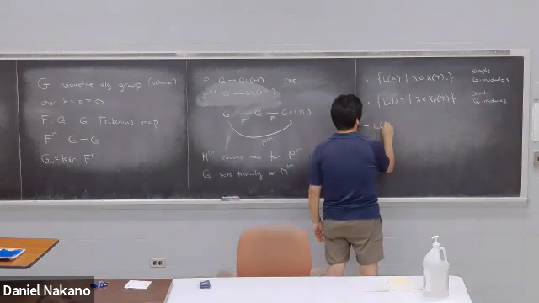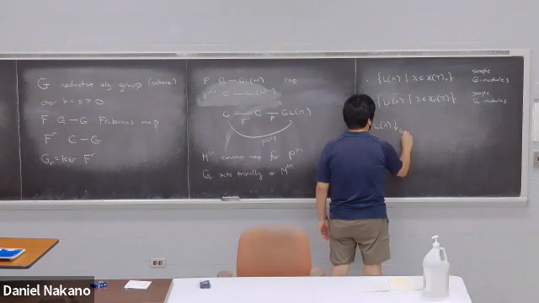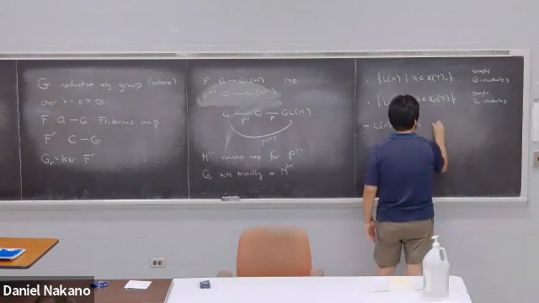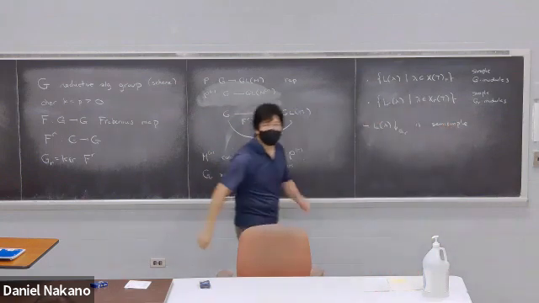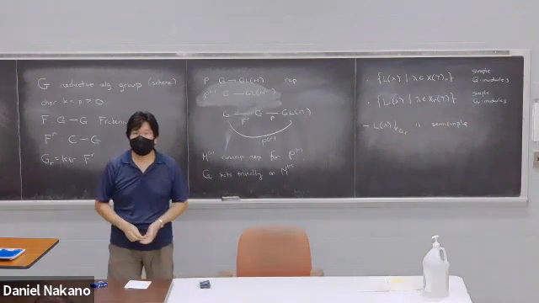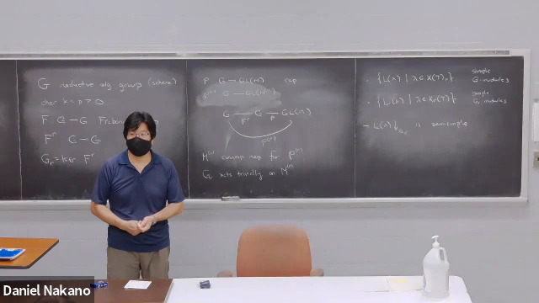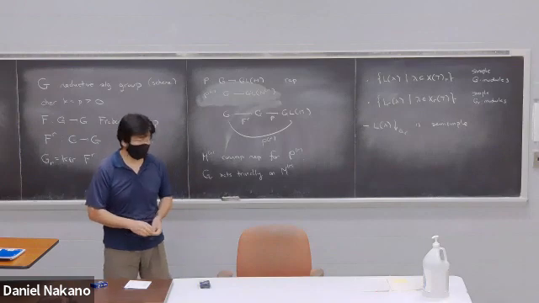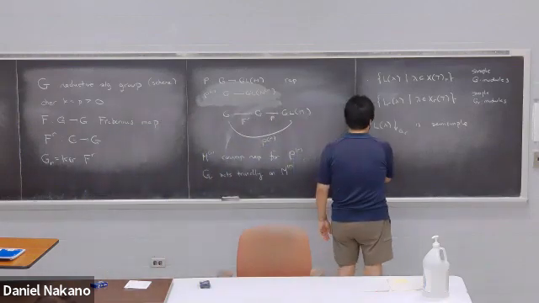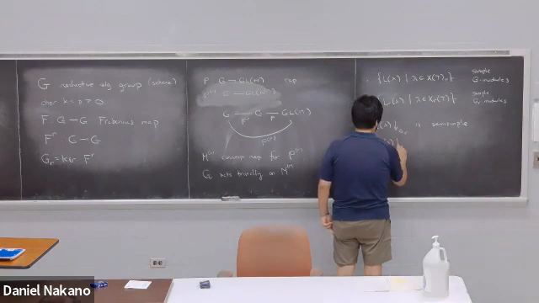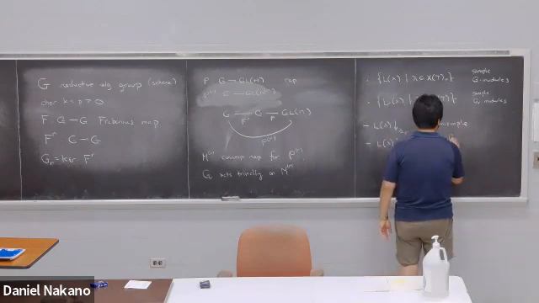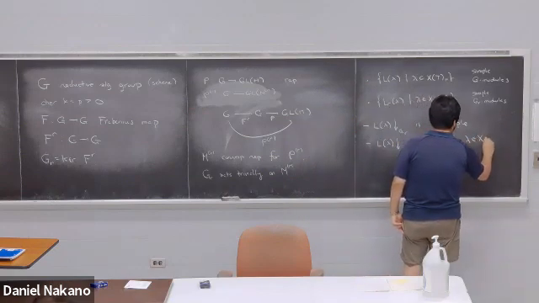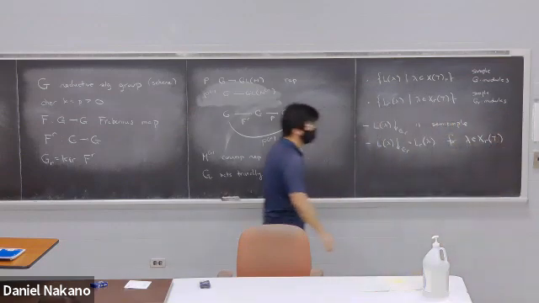And if the weight is in the p^r-restricted region, then the restriction coincides with L_r(lambda). So L(lambda), when restricted down to G_r, is equal to L_r(lambda) for lambda in the restricted region.